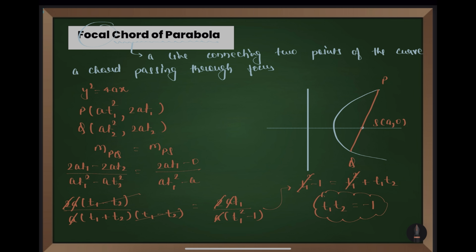Suppose you got t1 as 2, so now you can take t2 as minus 1 by 2. I hope the idea is clear, and you also have to derive the same thing for the remaining 3 parabolas, but you have to memorize this result. I know you cannot memorize so many things, but at minimum you should memorize this. I hope the idea is clear.